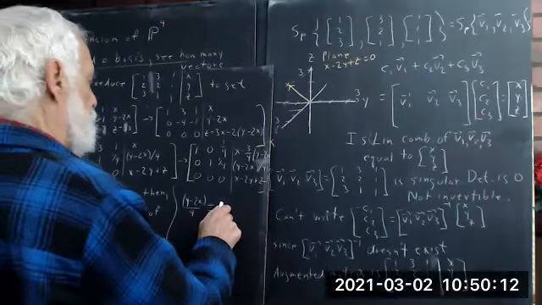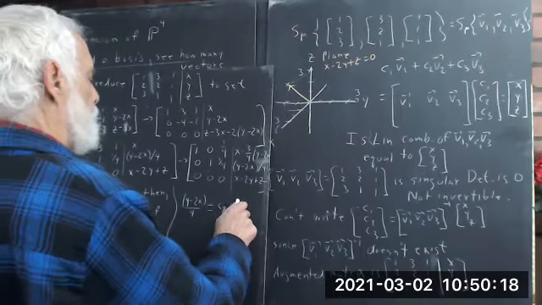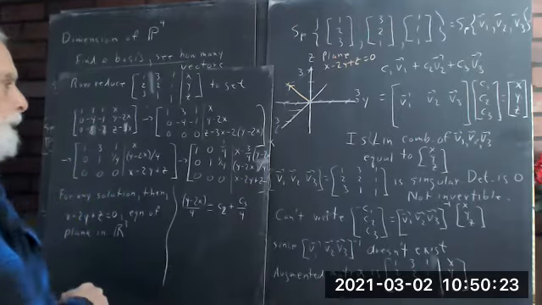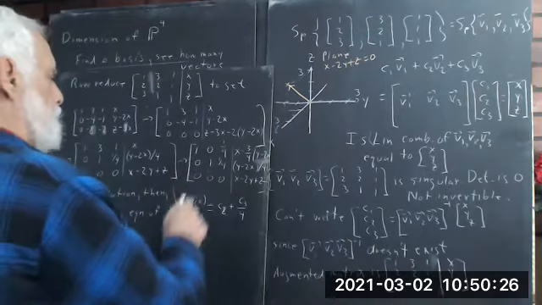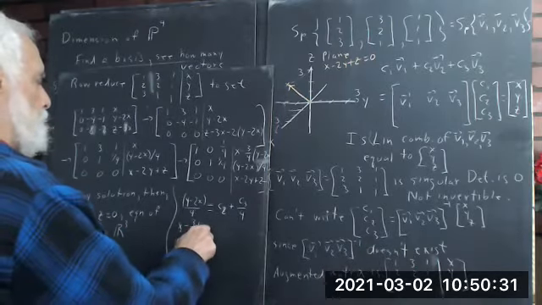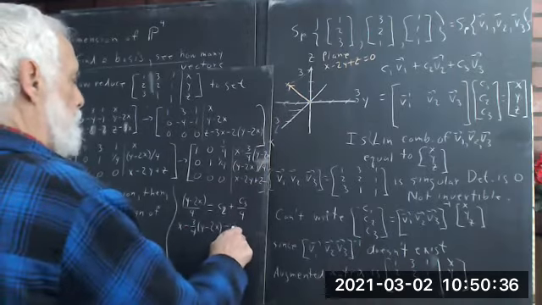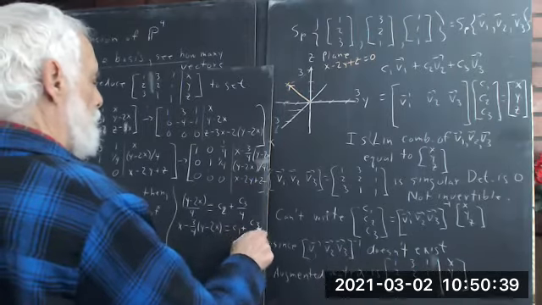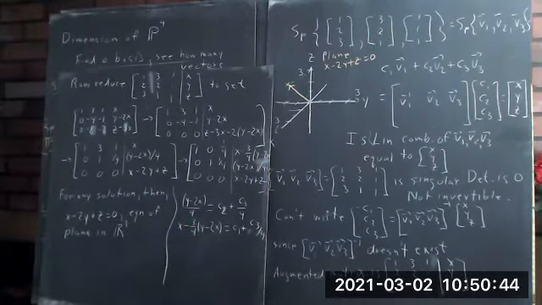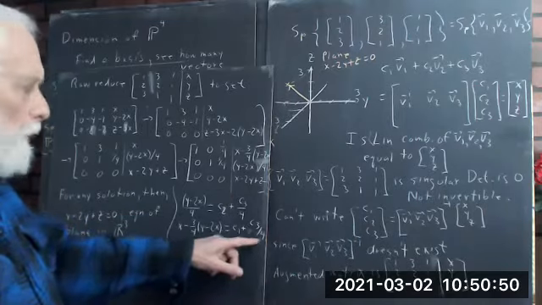So this is C2 plus C3 over 4. And this is x, this is C1 plus C3 over 4. So we have 2 equations and 3 unknowns.